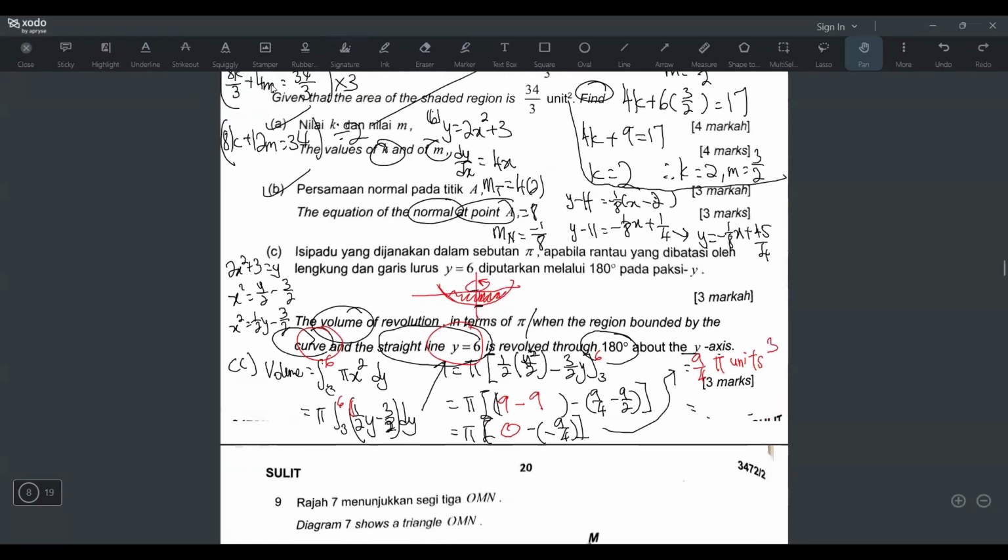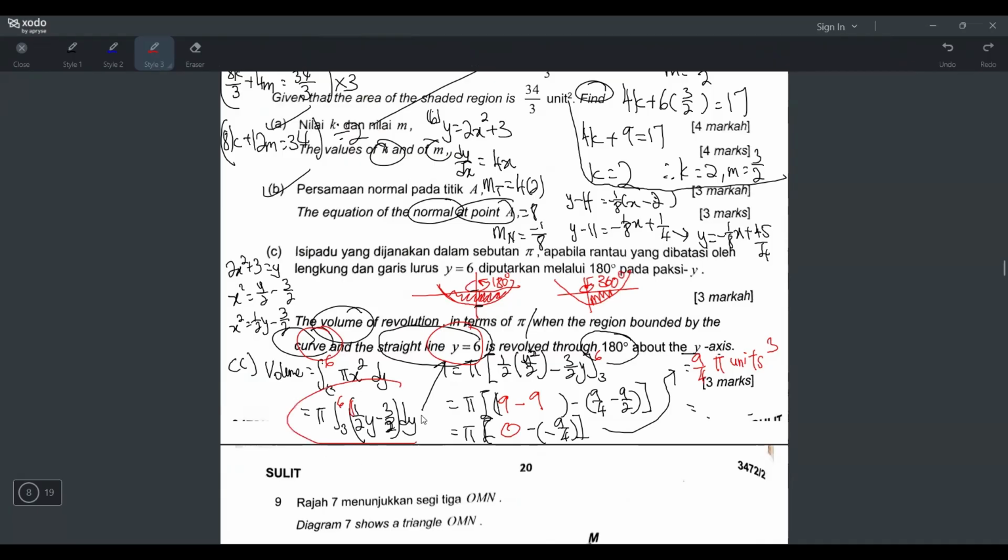So let me explain it here. When you take this whole thing and rotate 180, it's the same as saying this region rotated 360. So when you write the equation like this, it already means like this. It's like you are trying to integrate this thing, because when you integrate, you can only integrate until the y-axis.